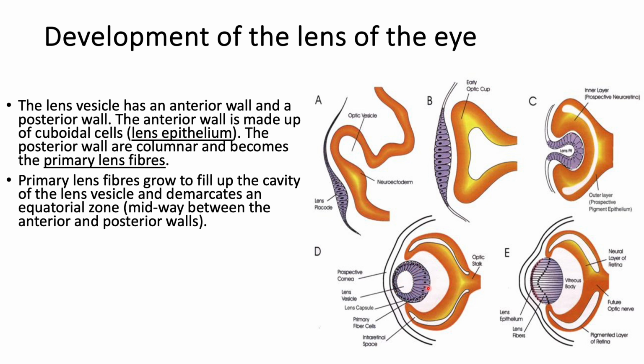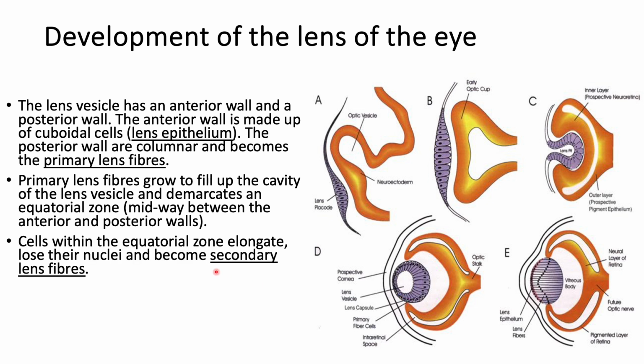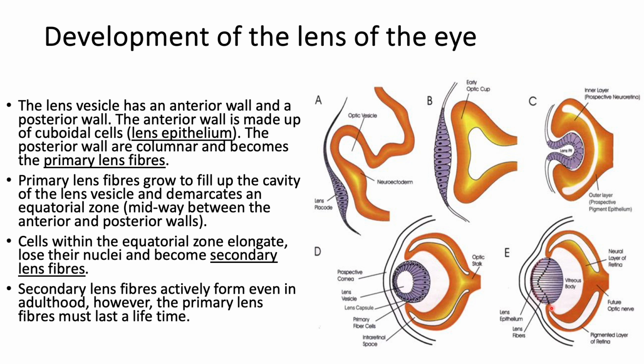It's like the midline of the anterior layer, and the posterior layer forms an equatorial zone. This equatorial zone is going to help form what we call the secondary lens fibers. So that is what you see here: a line indicating the equatorial zone that will form the secondary lens fibers.